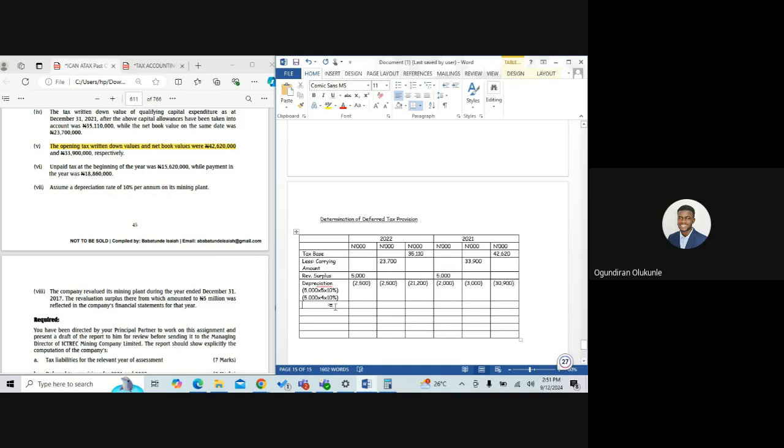Here you now have the temporary difference. How much is the temporary difference? 13,900. Okay. And here, what do you have?